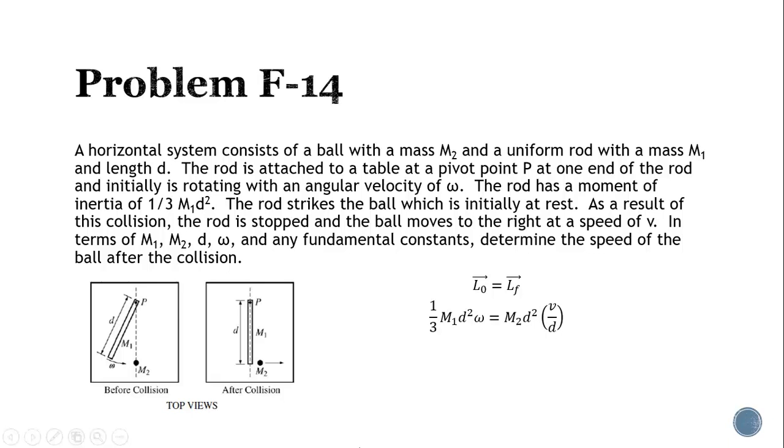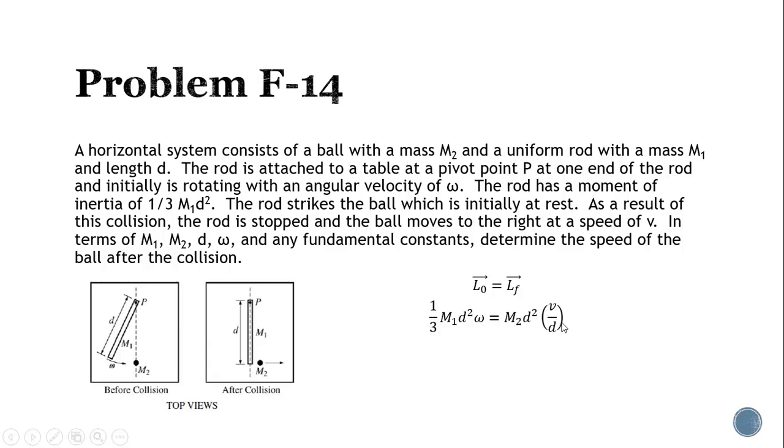The initial angular momentum of the system is I omega, the I for the rod times omega, and that is equal to the angular momentum of the system after the collision. So what I've done is m2 d squared, because that's the moment of inertia of this particle sitting at that point, and I've plugged in the angular velocity at the exact instant after the collision, v divided by d.